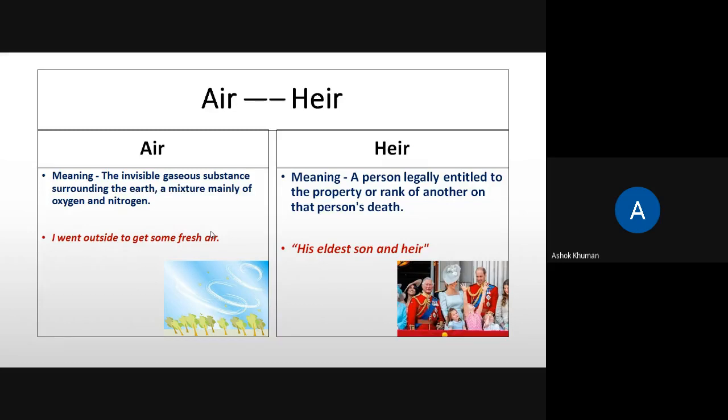Most of the time the eldest one will carry forward the kingdom. So his eldest son is the heir. You can see William and his father and the entire family.